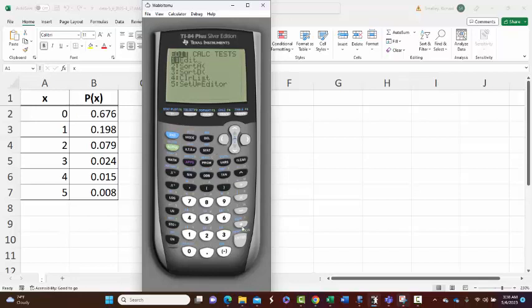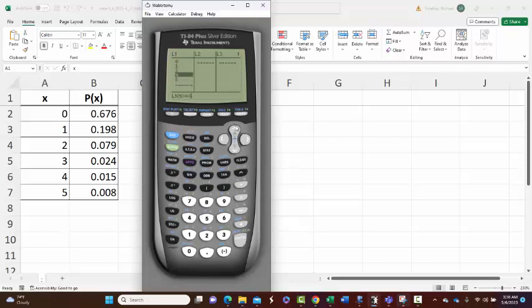Stat, edit. Okay, now I got to clear both these lists because now I'm entering in fewer numbers. 0, 1, 2, 3, 4, 5 on the left. So these are already probabilities. I won't have to convert anything.